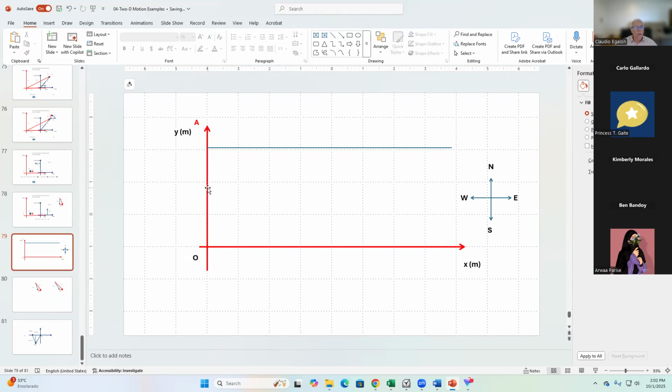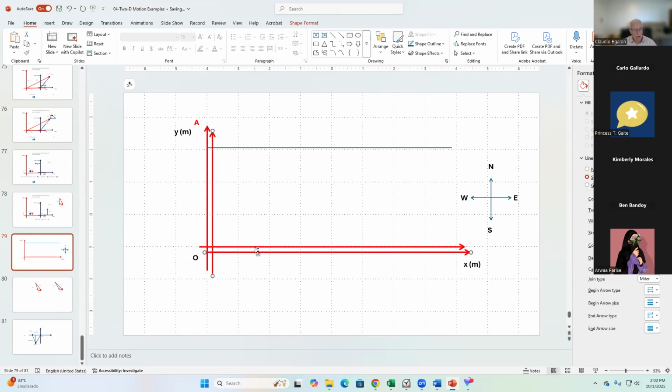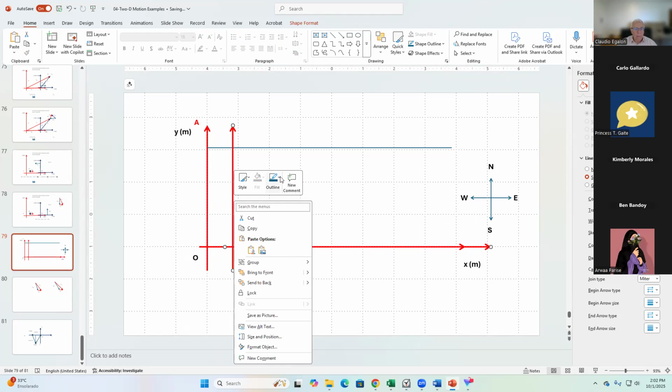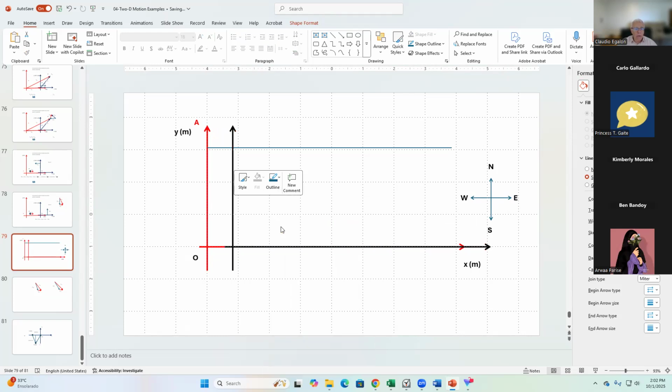No, we are going to have another referential, which is moving with respect to the riverbed referential. The riverbed referential is just the ground referential, and I'm going to change its color to black.